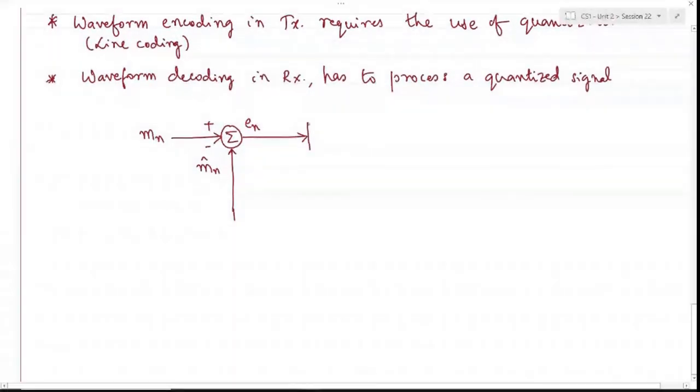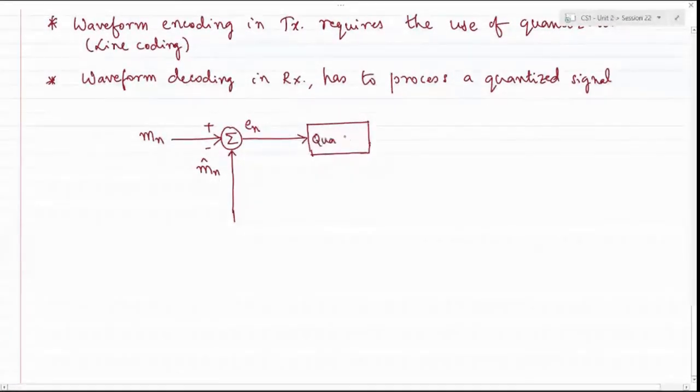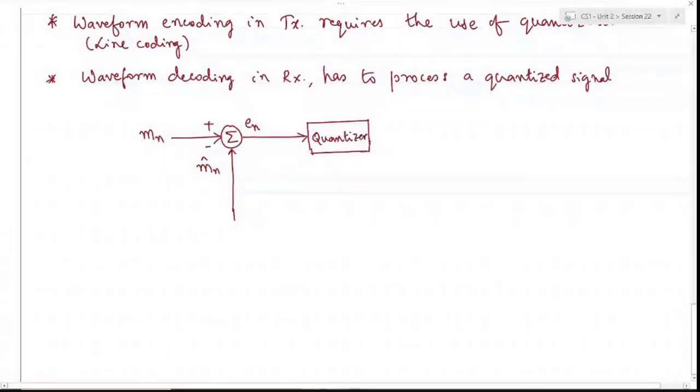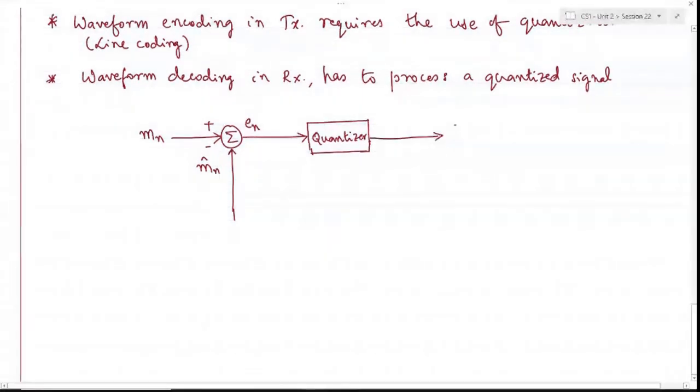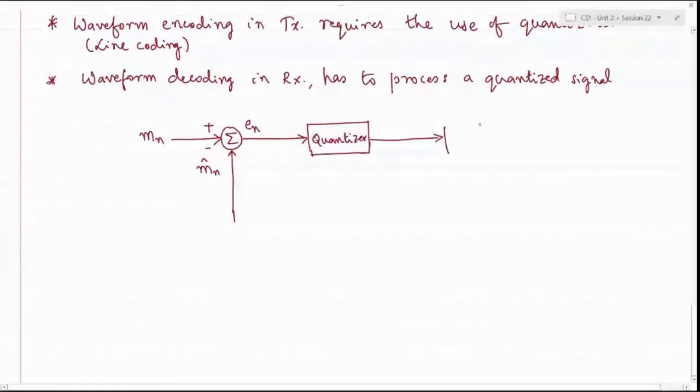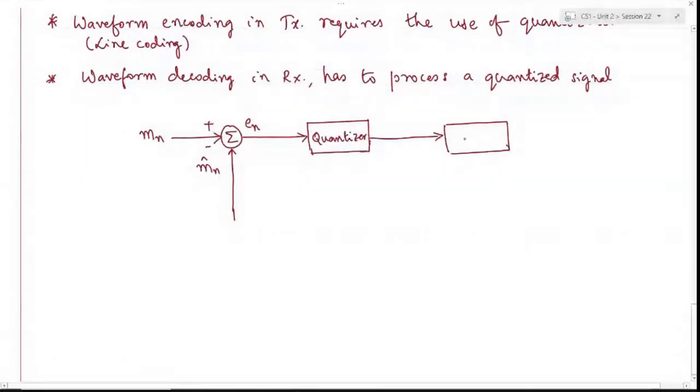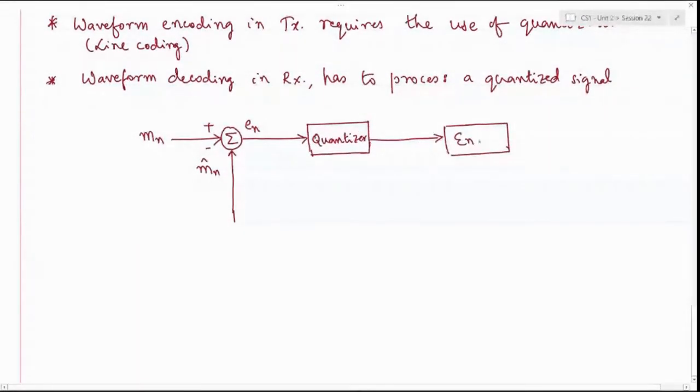So the quantization has to be done on the error signal, not on the message signal. This is a quantizer, and finally, as the step involved in our PCM system, the encoder.